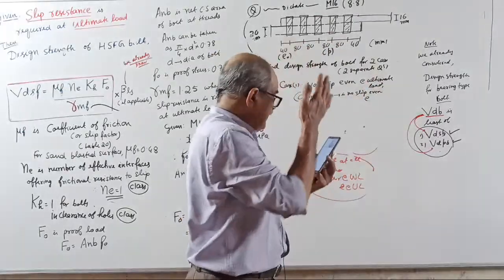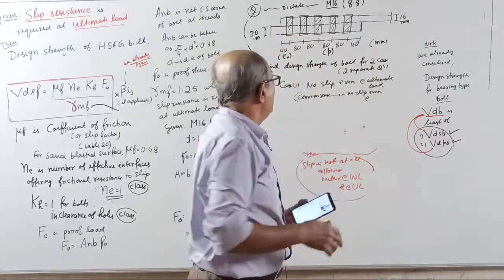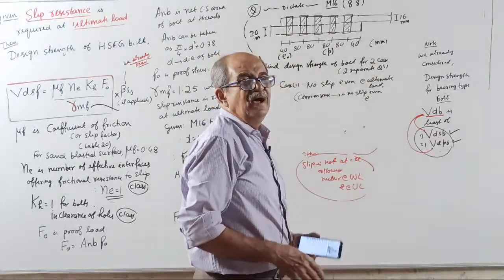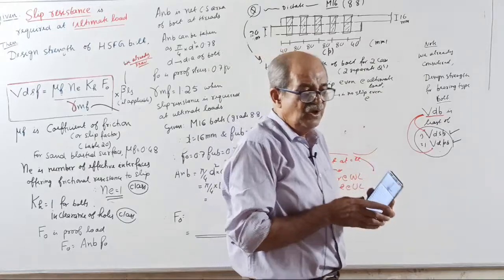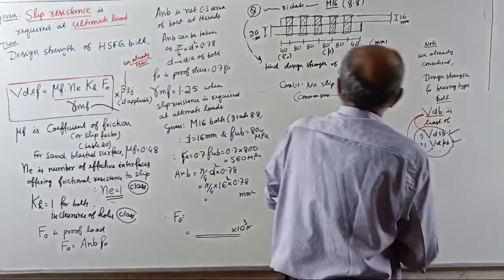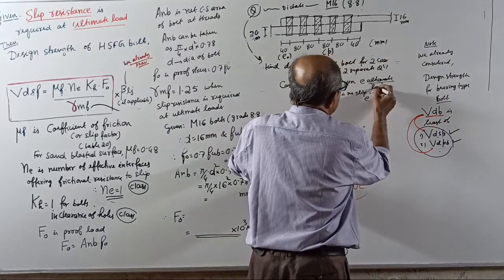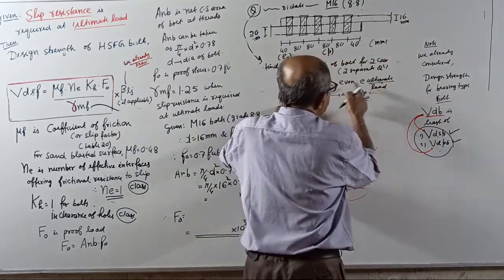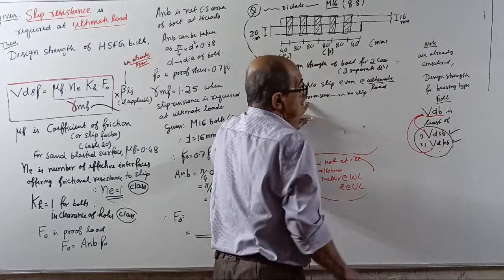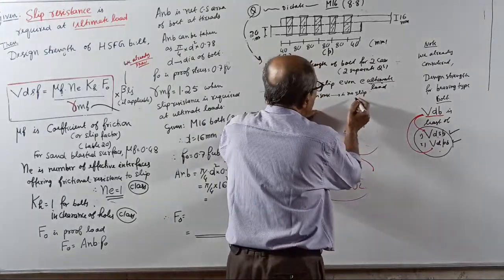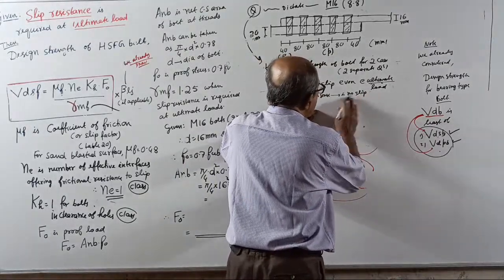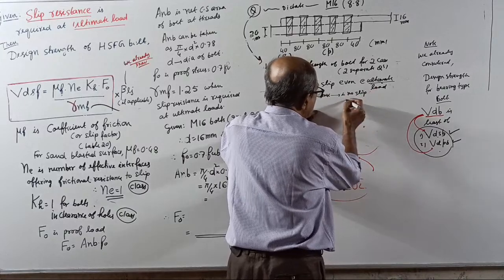Ultimate load only is called factored load. Again, I am not telling you the other name of ultimate load. No slip even at ultimate load. So common sense will tell that there is no slip.